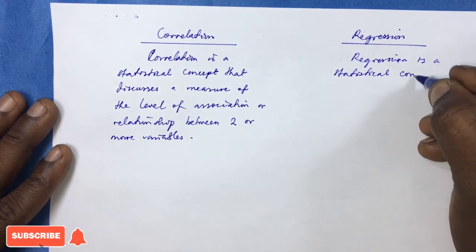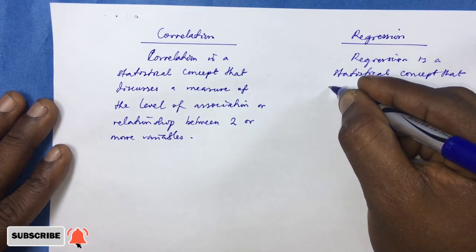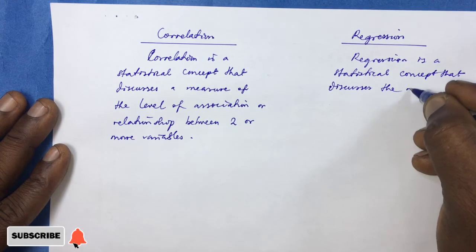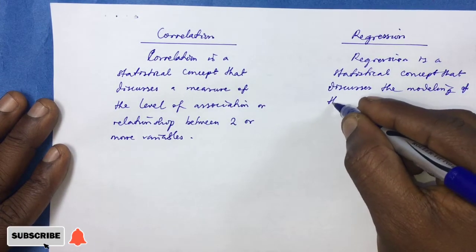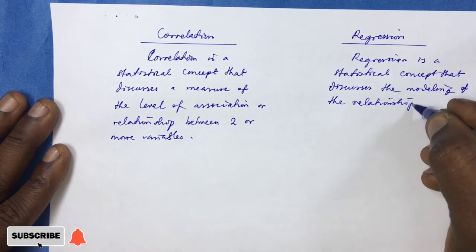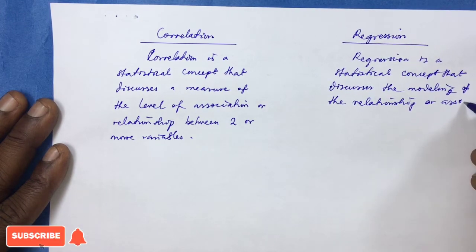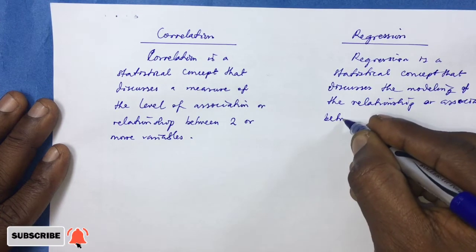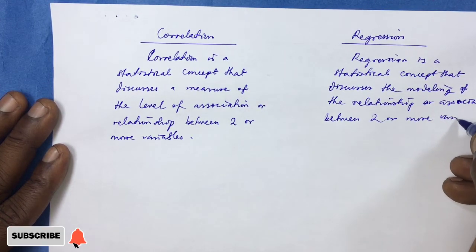It is a statistical concept that models or discusses the modeling of the relationship or association between two or more variables.